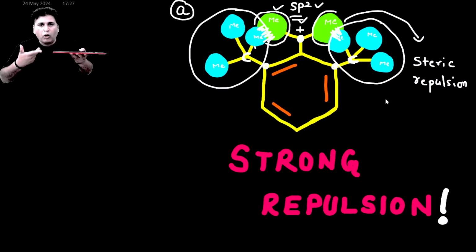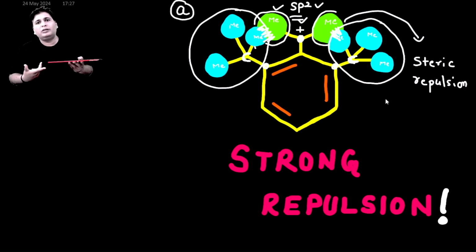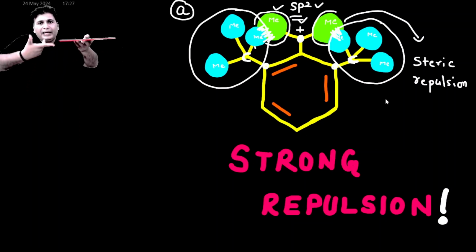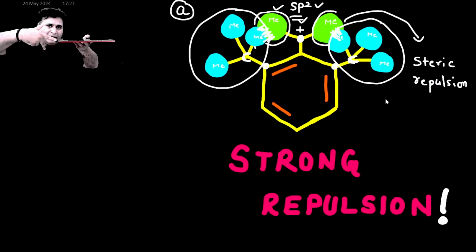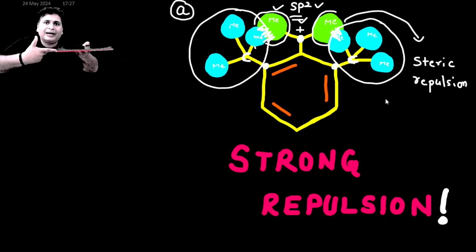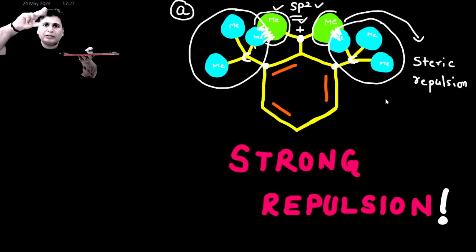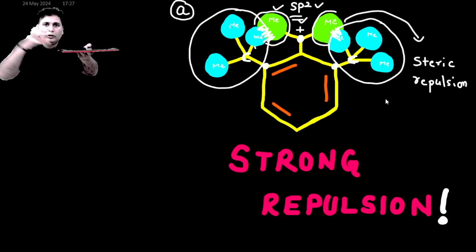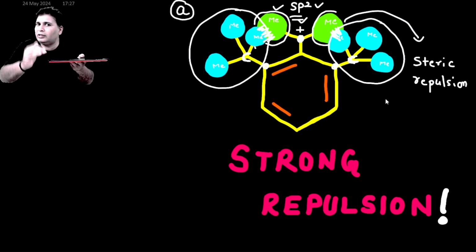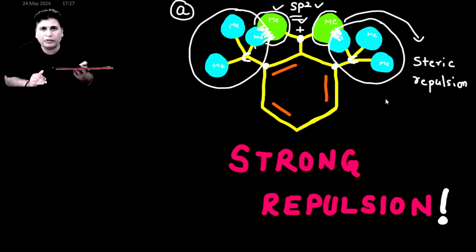Now, in order to reduce this repulsion, what it can do is turn its plane like this. Earlier it was like this, and now if it turns perpendicular like this, it avoids the clashes between the 2 methyl groups and the 2 tertiary butyl groups at the ortho positions of the benzene ring.